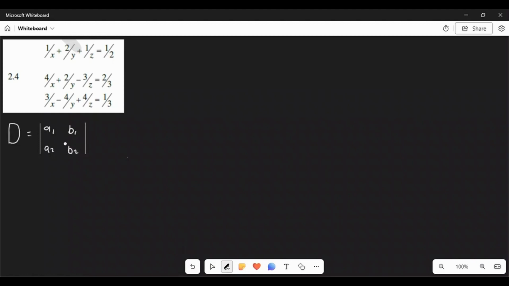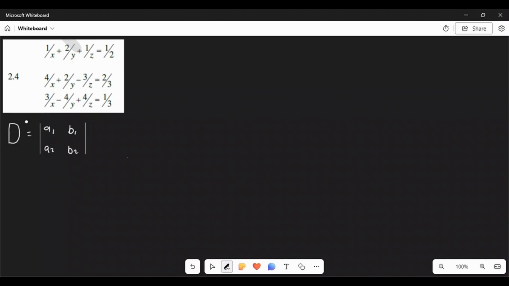When you look at this column, we have A1 and A2. When you look at the other column, you have B1 and B2. The rows have A1 and B1, and the second row has A2 and B2. We call this the second order because it has 2 rows and 2 columns.